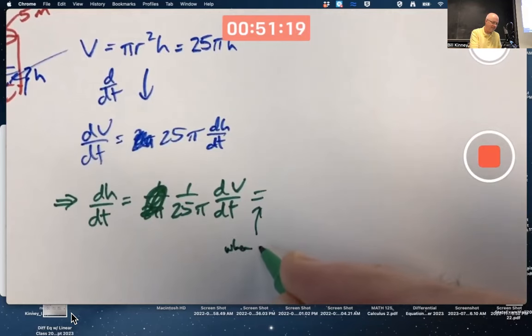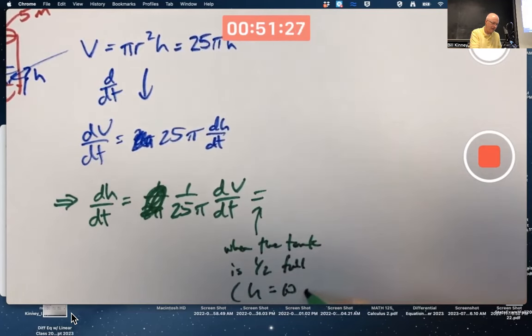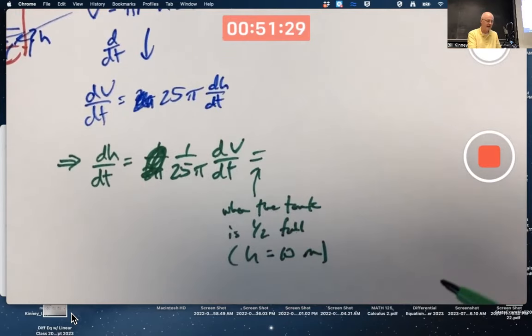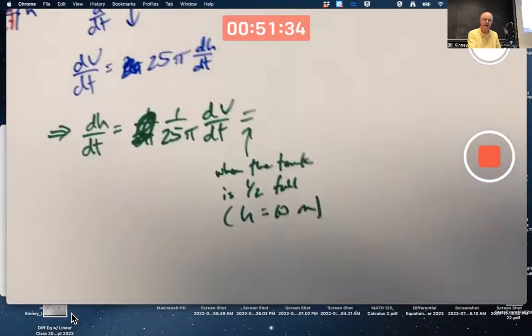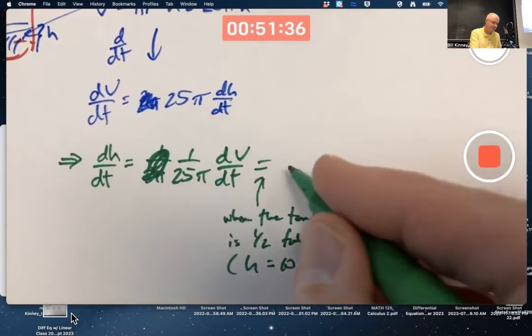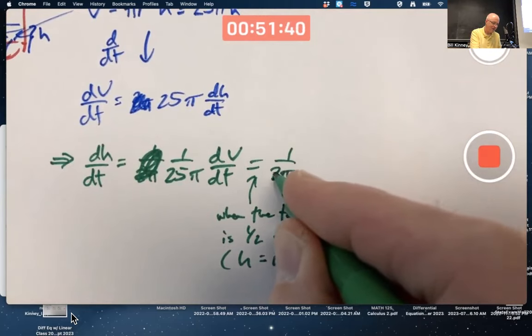When the tank is half full, H equals 10 meters. We can plug in dV/dt, what was it? 3 cubic meters per minute. I keep writing 2 pi.